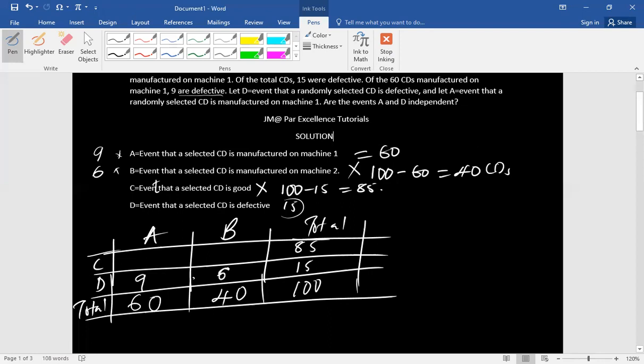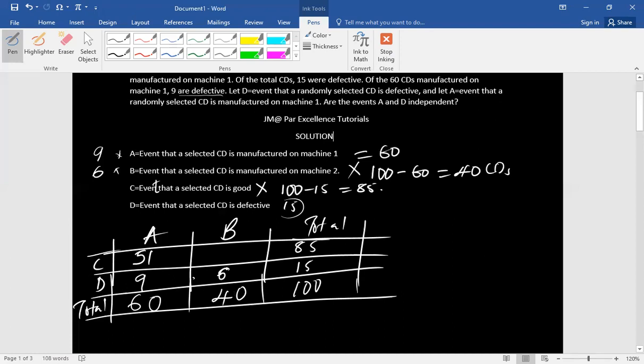Now since we have 9 and 60, we have 60 minus 9, that is 51, meaning that the number of CDs that were good manufactured on machine 1 is 51. The number of good CDs manufactured on machine 2 is 40 minus 6, or 85 minus 51.